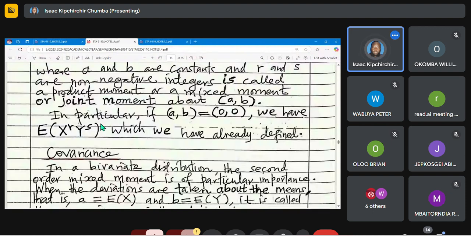When you are dealing with x alone, second order moment R will be 2. If you are dealing with y alone, second order moment S is 2. But when we are dealing with a mixed moment, second order means when you sum the powers, you get 2. Meaning when R is 1 and S is 1, you have a mixed second order moment.